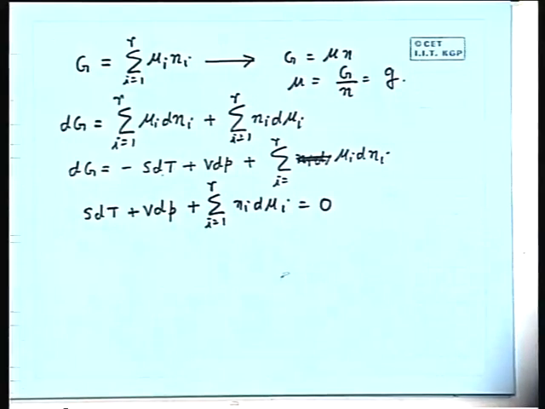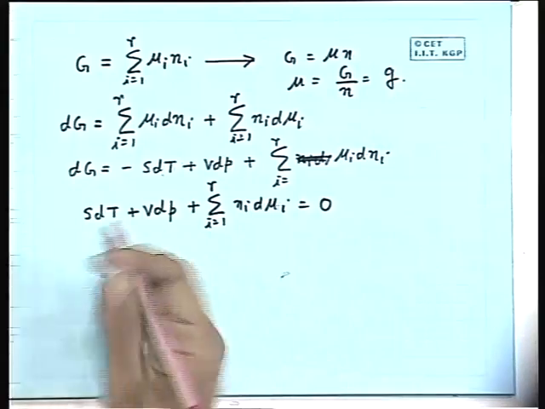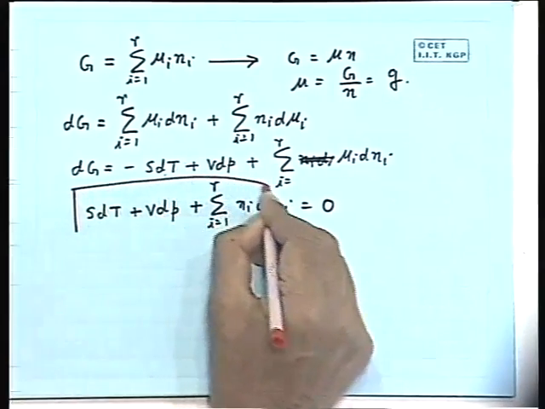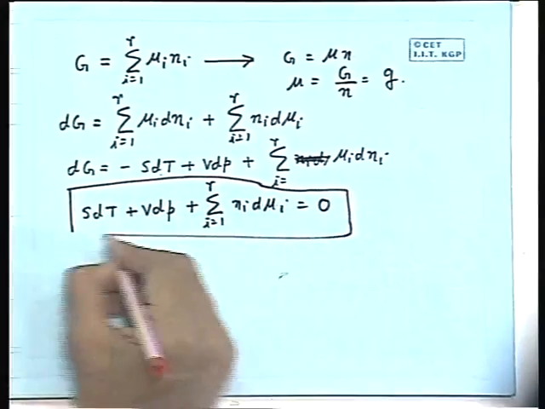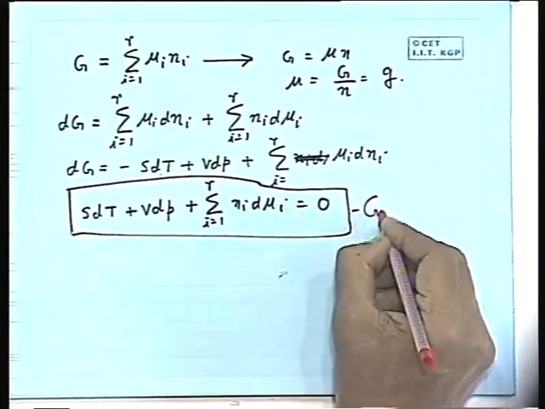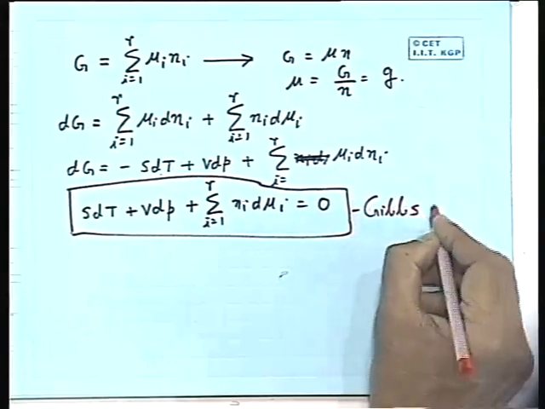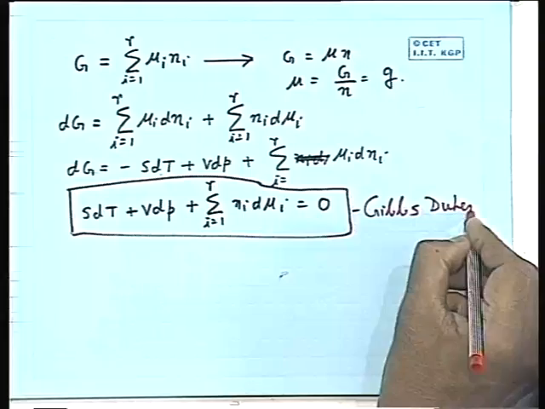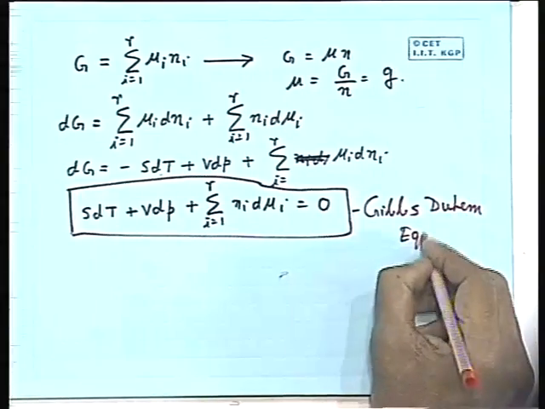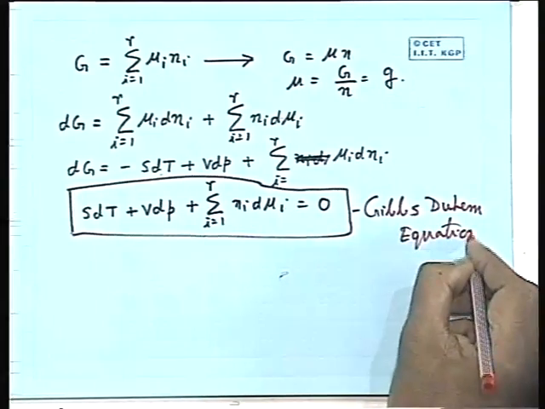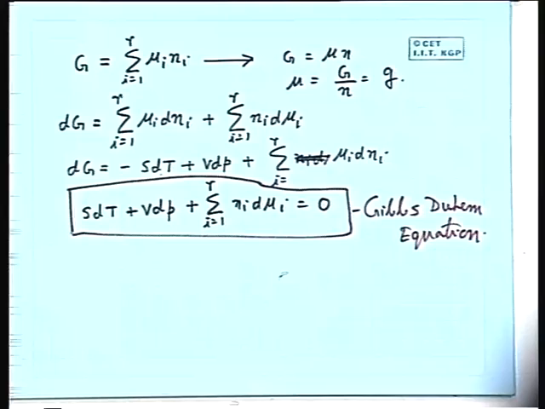And this is a very important equation. This equation is known as the Gibbs-Duhem equation, the well-known Gibbs-Duhem equation in multi-component systems.